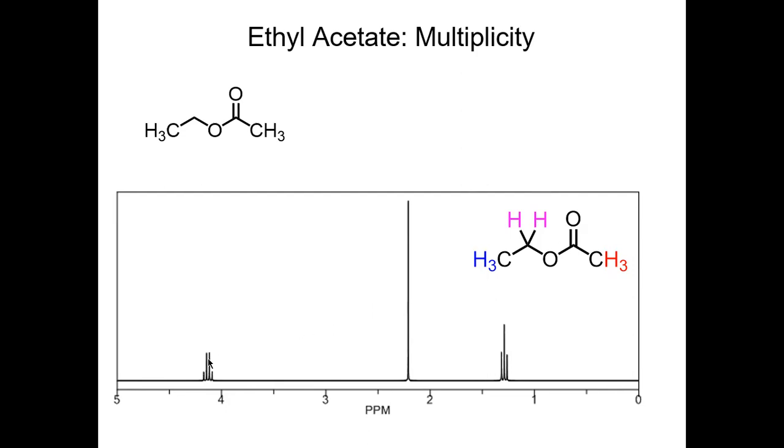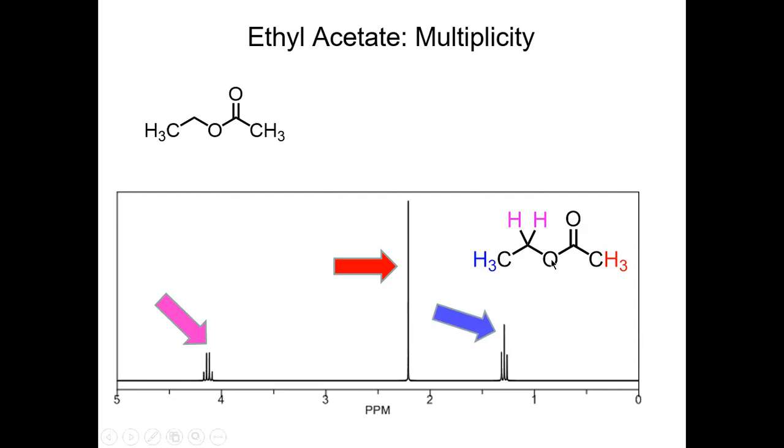I'm going to start with the 4. That 4, you can write this down, we call that a quartet. It's split into 4 lines. What that means is that whatever that set of protons is, it's got 3 protons on the carbon adjacent to it. So if we look over here, the color code says that it's the pink protons. If you look to the left, there's a CH3.